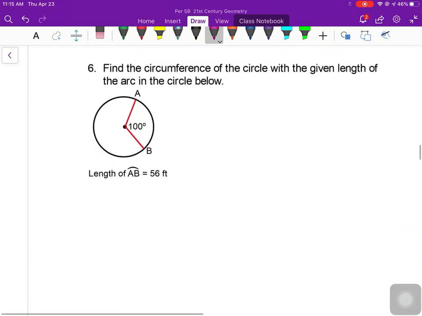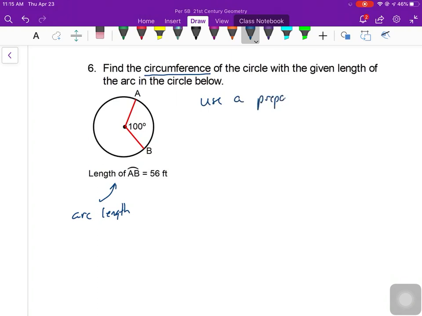Let's try another one of this type. So here yet again, they've asked us to find the circumference. They've given us the arc length. So we're going to use a proportion. And we're going to compare the part of the circle to the whole circle.